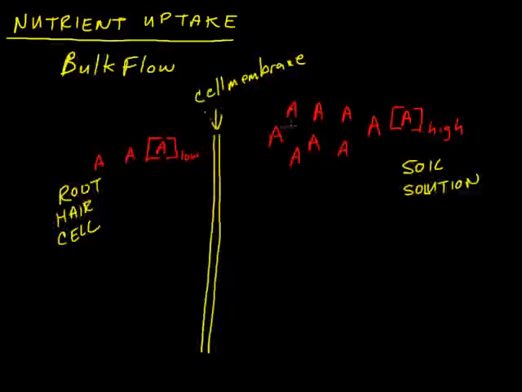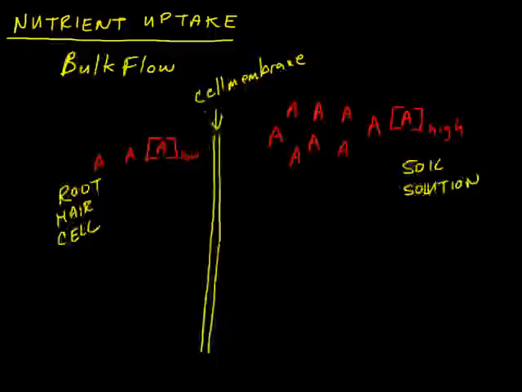Now, again, plain old diffusion makes these A ions want to move into the interior of the root, but because we have a cell membrane that is selectively permeable, they cannot. They can't just go across a membrane. They have to somehow be allowed to come through the membrane.